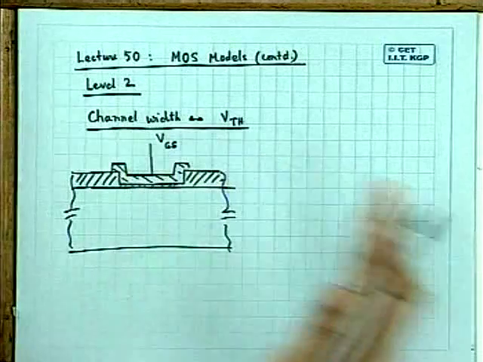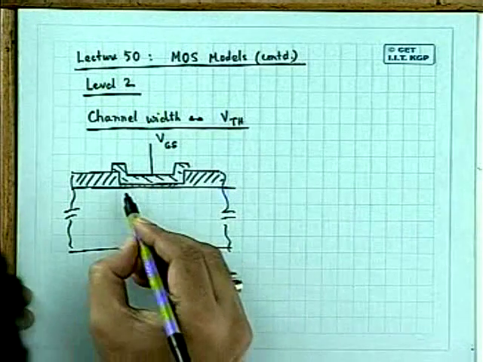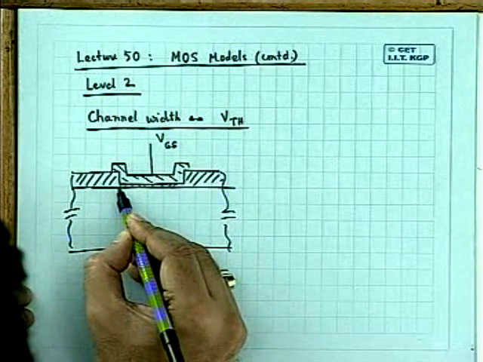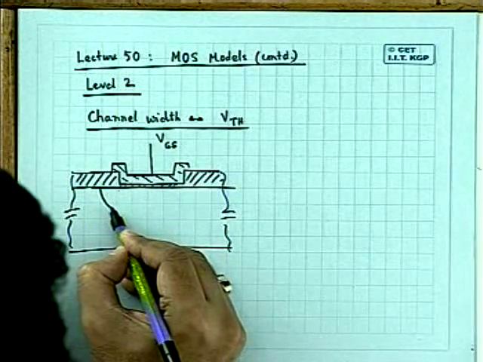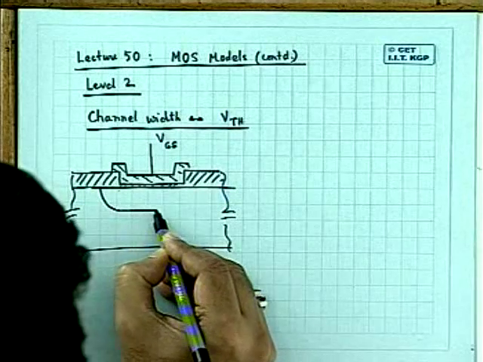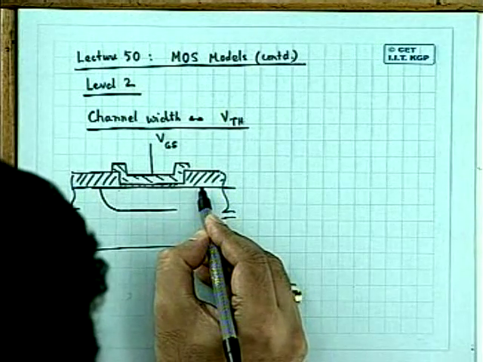So the channel is confined, but when you apply a VGS now, the so-called depletion layer is spread laterally like this.